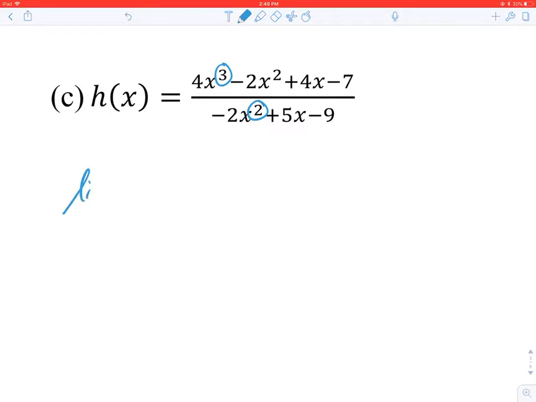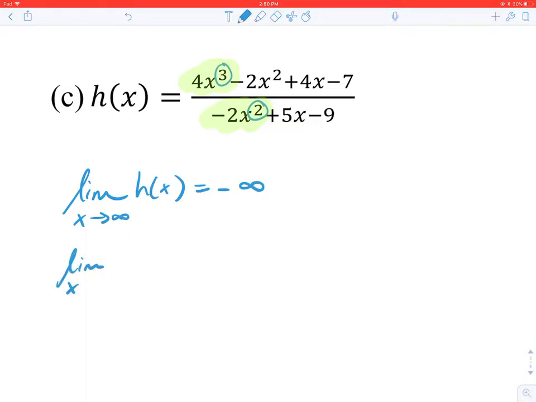But let's do this analysis to figure out which it is. Okay, so as x approaches positive infinity, 4x cubed is going to be giving us positive values, and then negative 2x squared will be giving us negative values. So a positive divided by a negative will always give us a negative, so we'll get negative infinity.